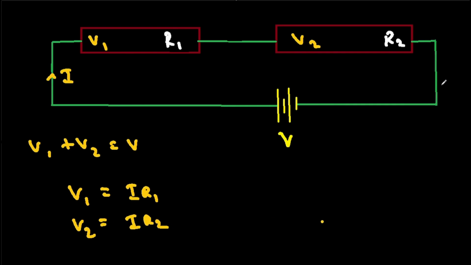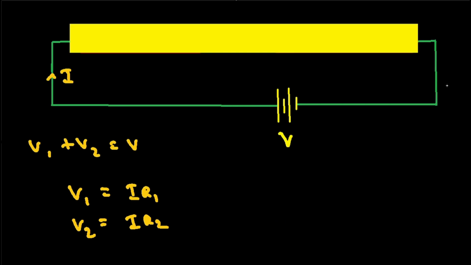Now I am asking you a question: what would happen if we replaced these with a new resistor of R3 resistance? What if I pass the same current I through it for the same potential? Then what will be the value of R3? Well, from Ohm's law, the potential difference is V, so V should be equal to I times R3. And we know the earlier equation also.